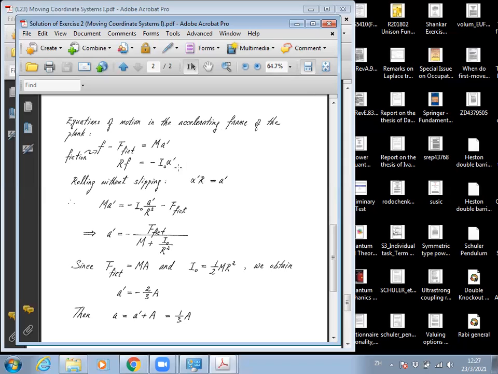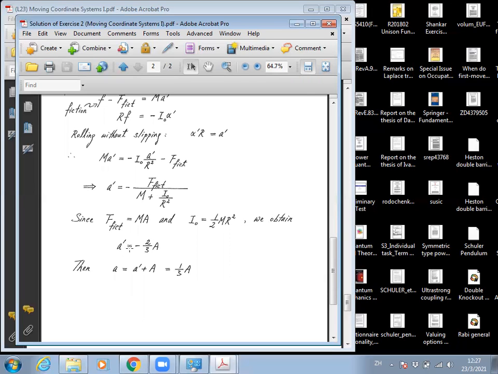We can eliminate the alpha prime using these two equations, and then combine the resultant equation with the first equation, then we get this. And we know that the fictitious force is equal to ma in magnitude, and the moment of inertia is equal to 1/2 mr squared.